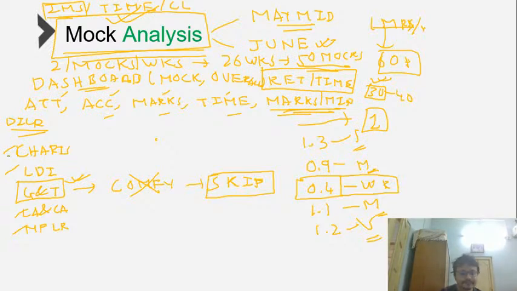Now, after a mock, when you're doing your analysis, definitely you can have a look at your weak area topic, but that is only till mid-September. Last 2 months, forget your weak areas completely. If it hasn't improved by then, forget your weak areas completely. Focus only on your strong and moderate areas.